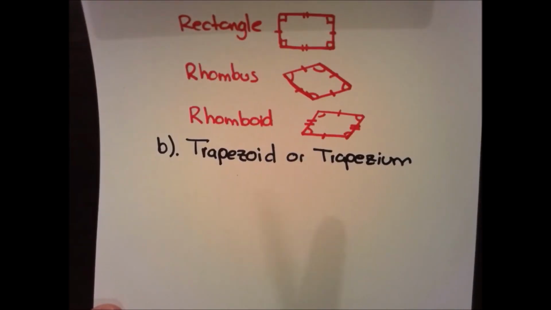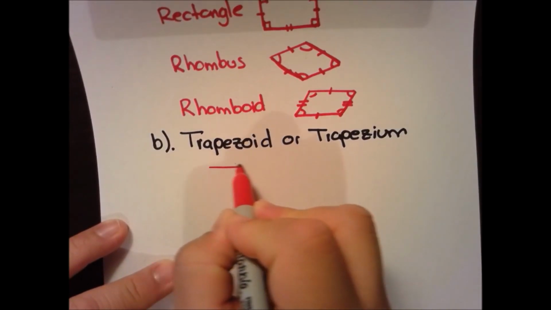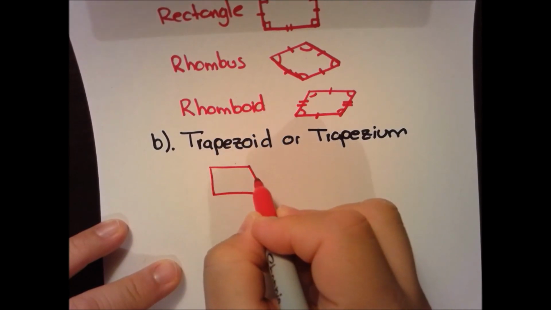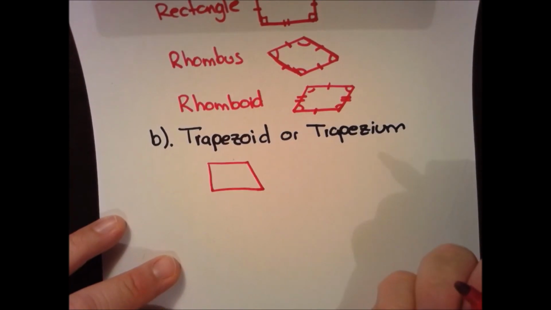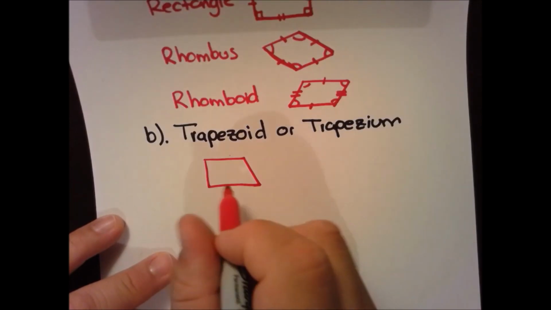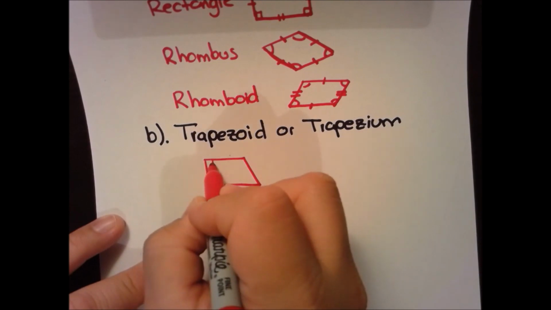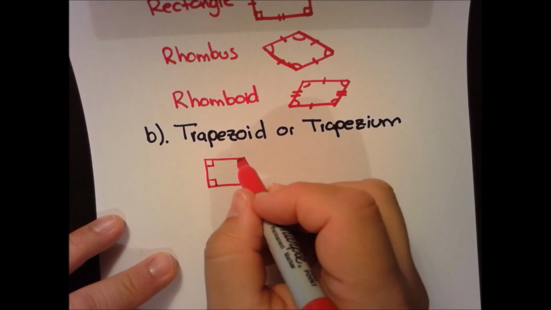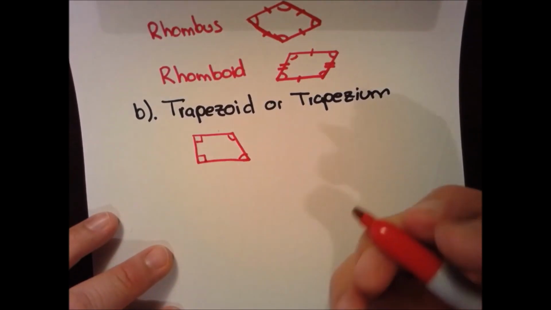In that case, one geometric shape like this one, for example, is going to be called a trapezoid or trapezium. And as you can see, we have here a 90 degrees, another 90 degrees, and then one obtuse angle and one acute angle. Okay, this is going to be a trapezoid or trapezium.